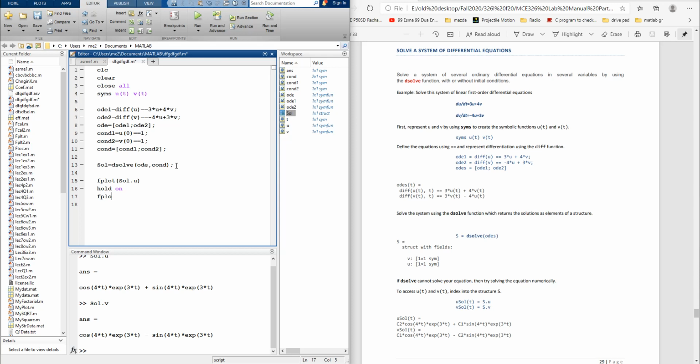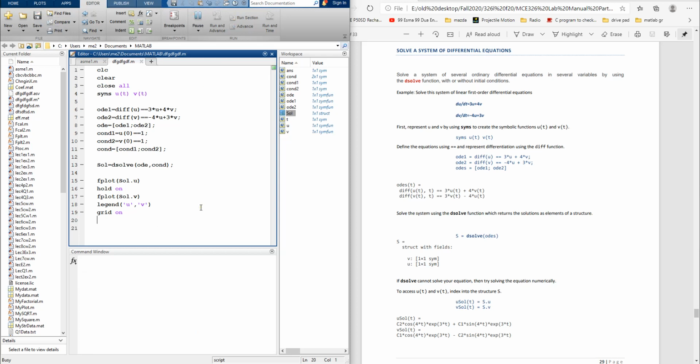Now fplot, I will write solution dot V, and surely you can use legend. Say that the first one is the value of U, and the second plot, take care, is the value of V. It depends on the order you plotted it. It's okay, and you can use grid on, title, label, everything.